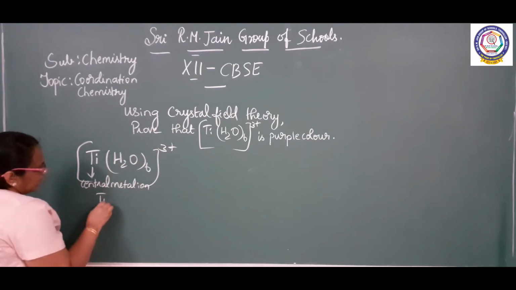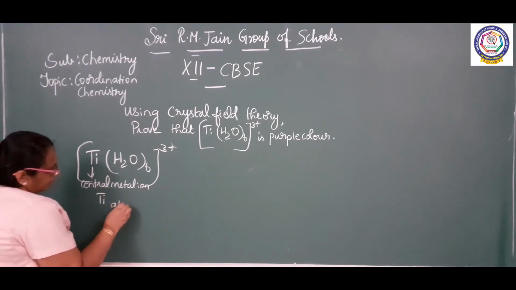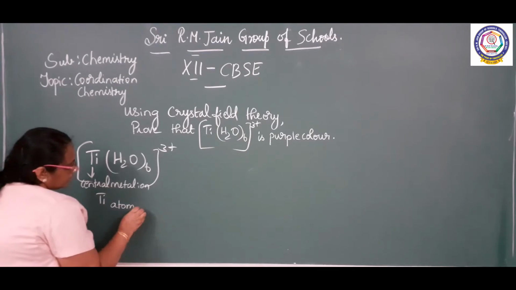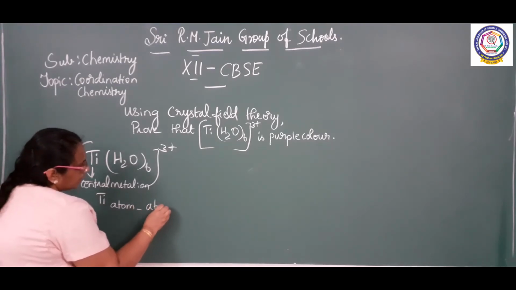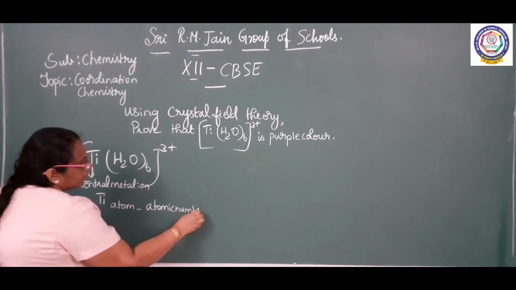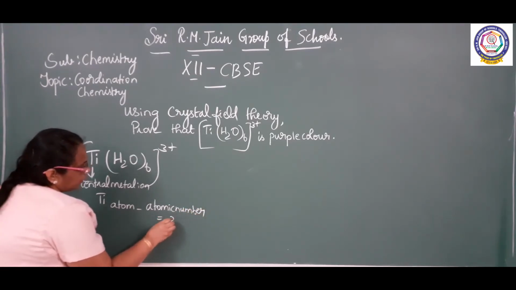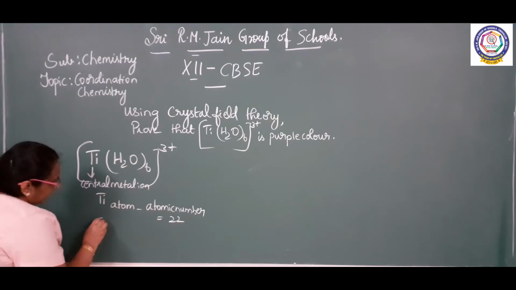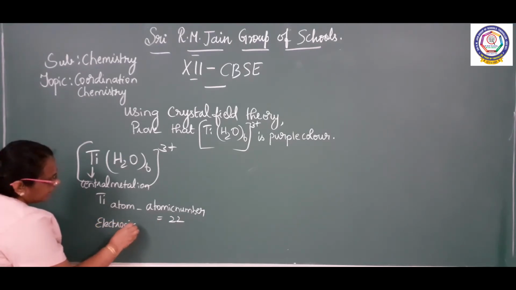The titanium atom has atomic number 22. So what is the electronic configuration?